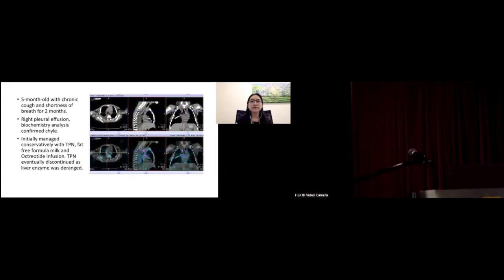Dynamic imaging shows normal uptake, normal drainage up to the lower limbs. And as the study progresses, a focus of uptake is seen at the mid-upper chest, which corresponds to the level of T3 on SPECT-CT. This shows that there is a right chylothorax with probable leakage site at T3.